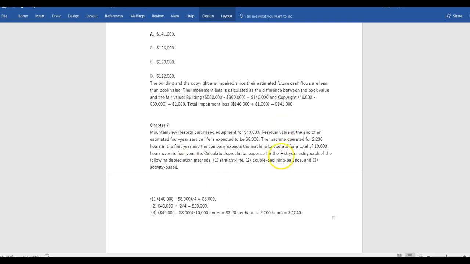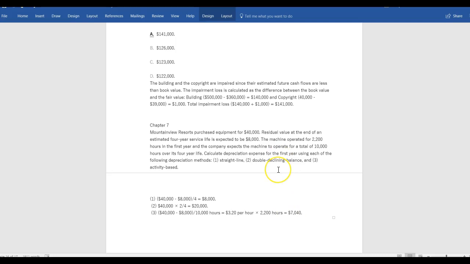So the way we calculate our activity-based is we take the purchase price minus the residual value divided by the number of hours we anticipate this machine to work, and we come up with an amount of depreciation per hour of use. We take that amount times the number of hours it was used to come up with our depreciation expense in this year.